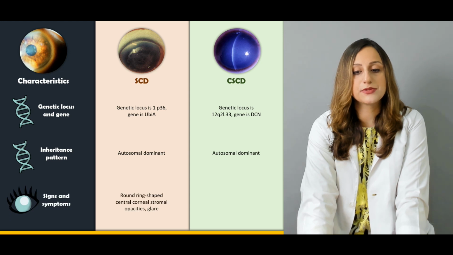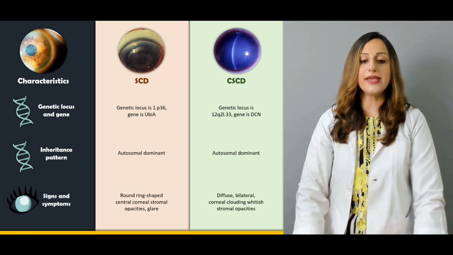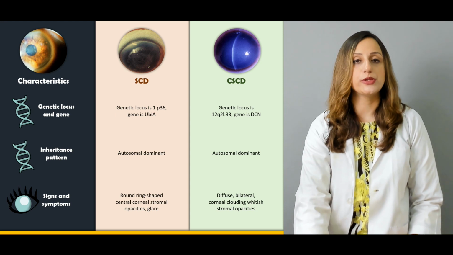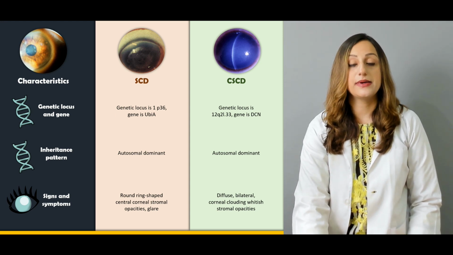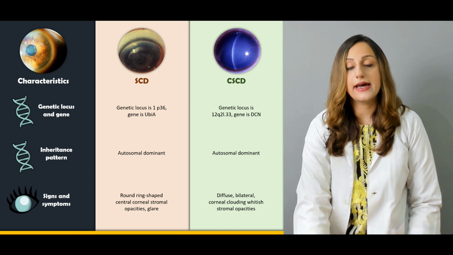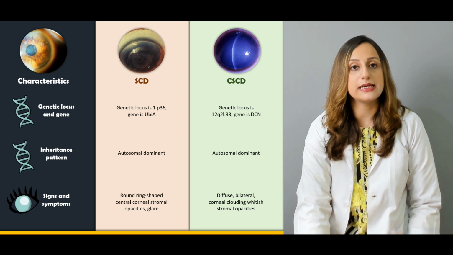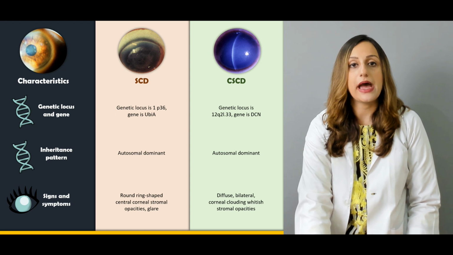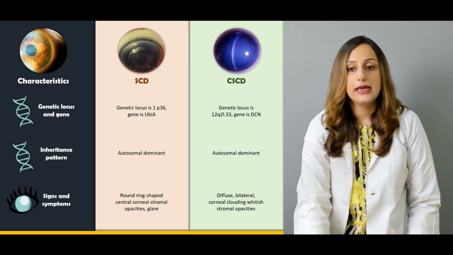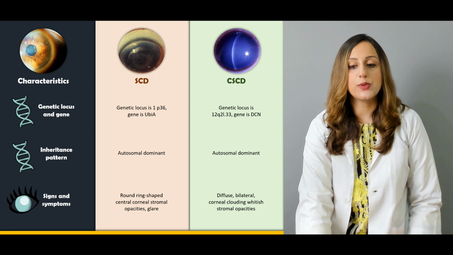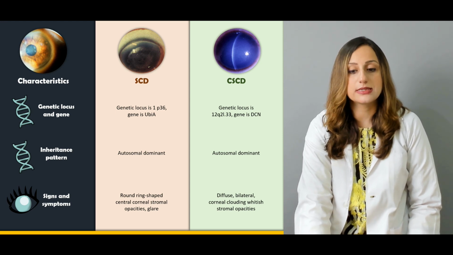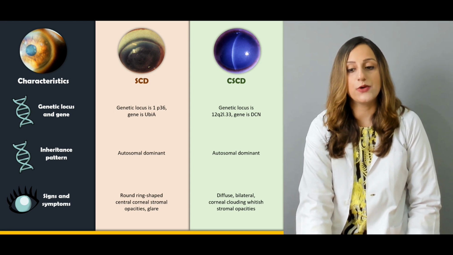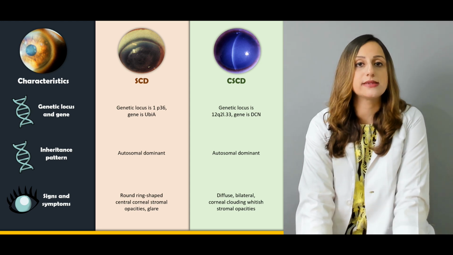The signs and symptoms include ring-shaped central corneal stromal opacities, coupled with glare. And finally, if it is a complicated case, the patient would suffer from photophobia, excessive lacrimation, and ocular pain as well. For the stromal corneal dystrophies, we have a diffuse cloudiness, bilateral corneal clouding, and whitish stromal opacities.